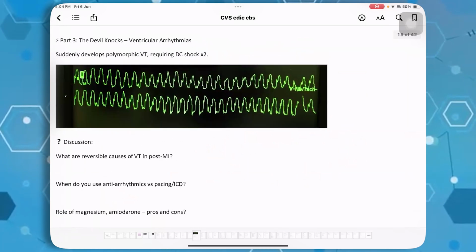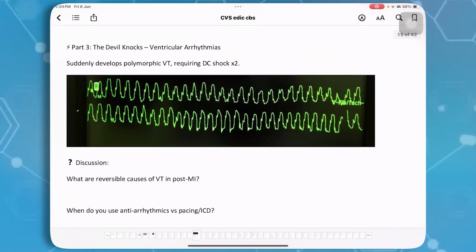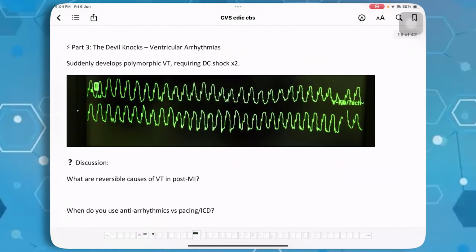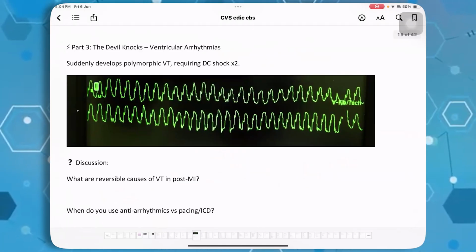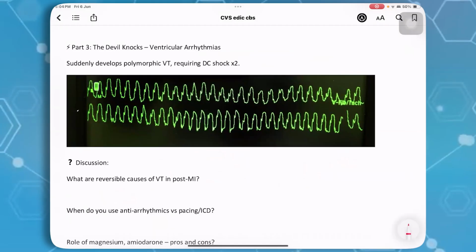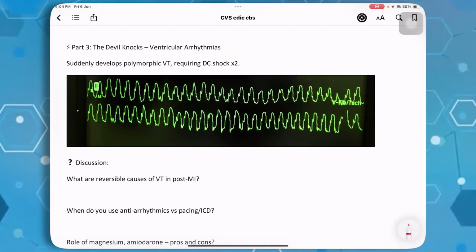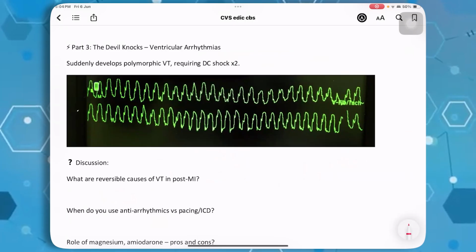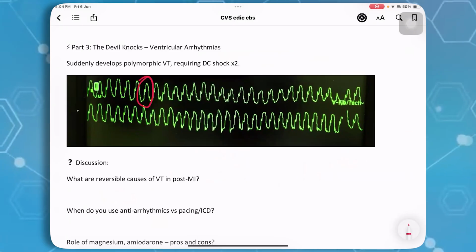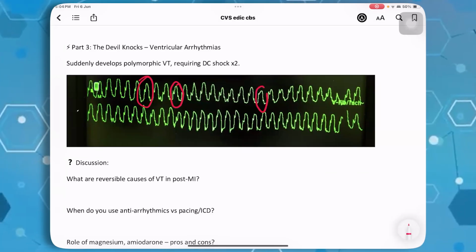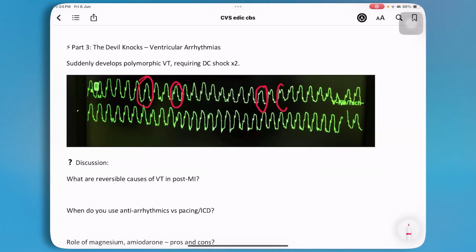Suddenly, what happens? This patient develops this rhythm on the ECG monitor. What is this? Monomorphic ventricular tachycardia. You say monomorphic, I see at least 2-3 morphologies. So this is one morphology, this is another morphology, this is another, this is still another.